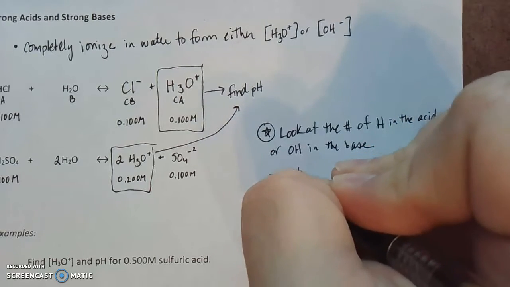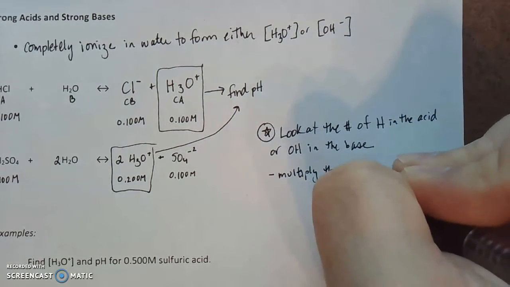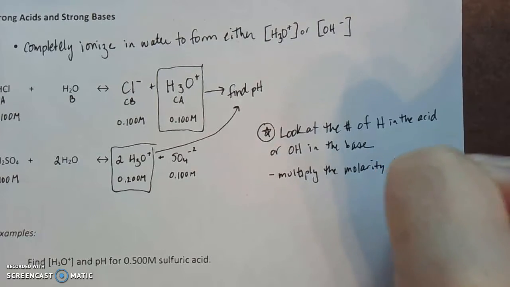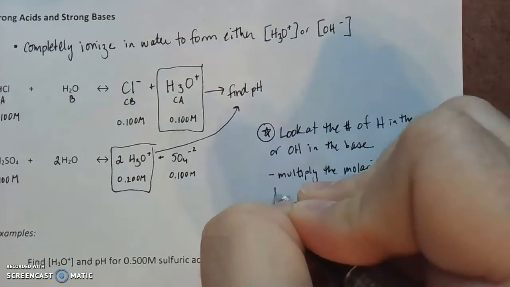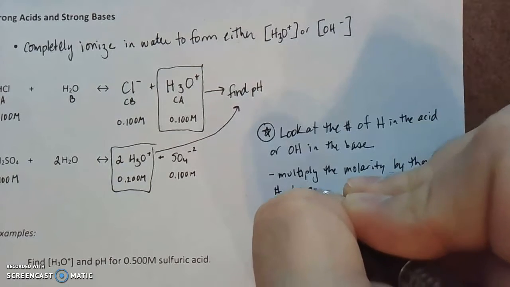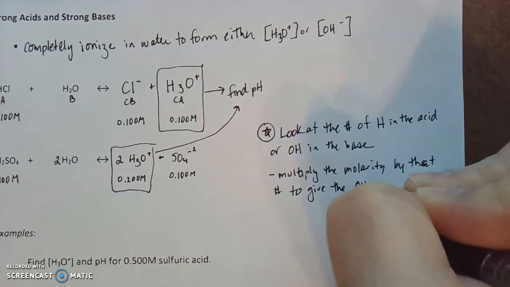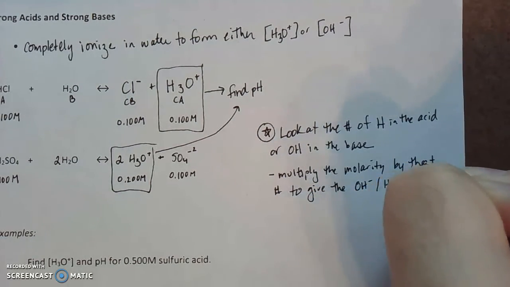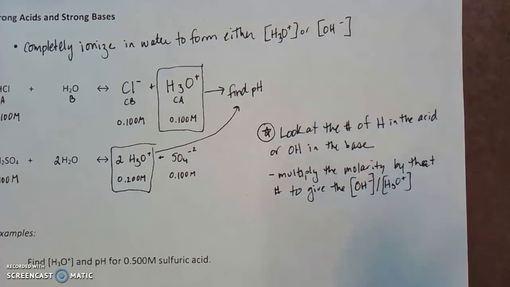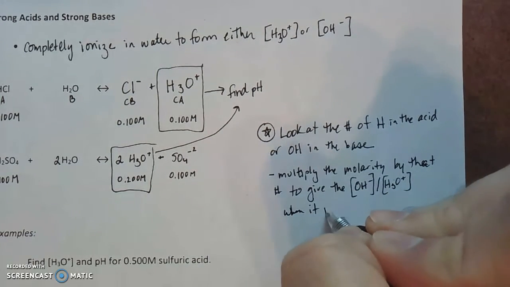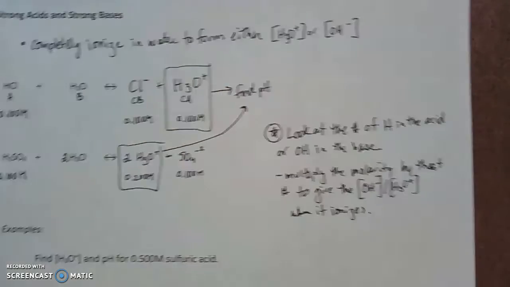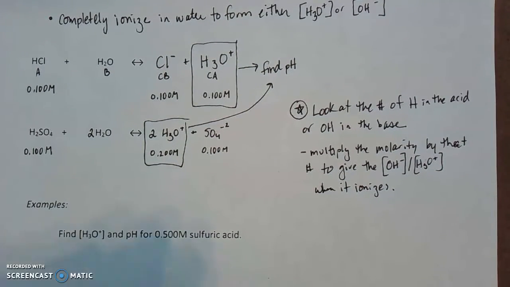We're going to multiply the molarity by that number to give the OH minus or H3O plus concentrations when it ionizes. So that's the basic gist of what we are going to do with these problems. We're going to break things down. So you have to know the formula of something in order to figure out its pH, pOH, H3O plus, OH minus.